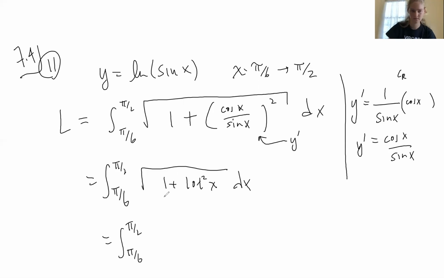So 1 plus cotangent squared is cosecant squared? Yes. Okay, so then I take the square root, so I get the integral of cosecant, which according to the table is the natural log.